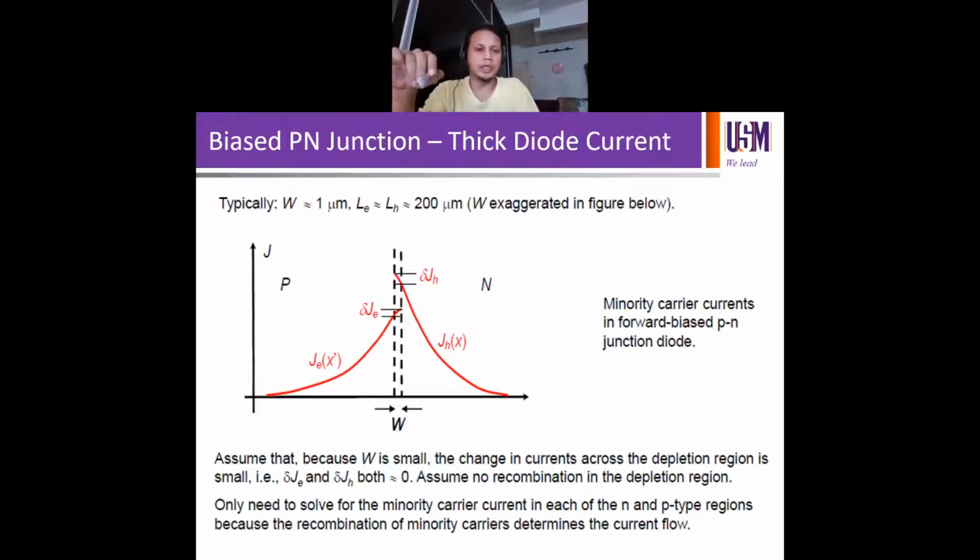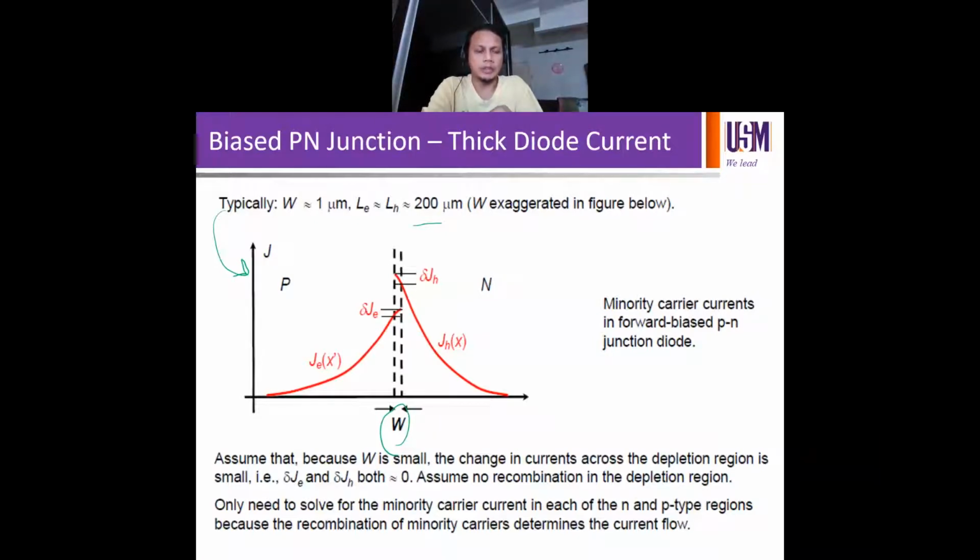Typically, if you look at this schematic, the W part is the depletion region, and the device thickness is typically around 200 micron, 300 micron. It really depends on what type of devices you are fabricating.